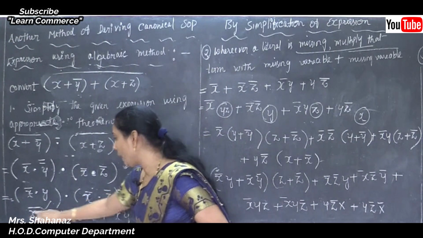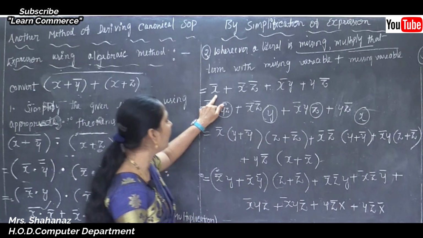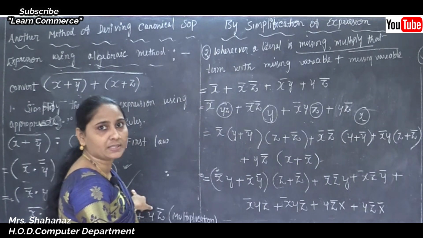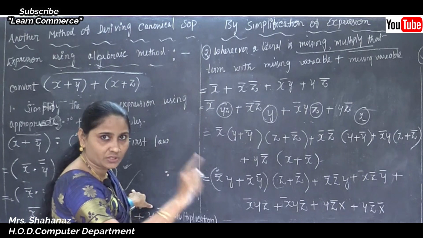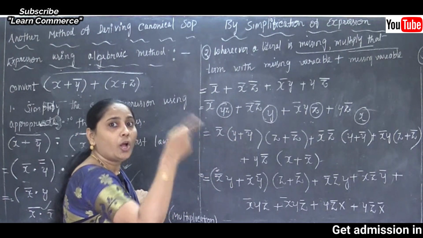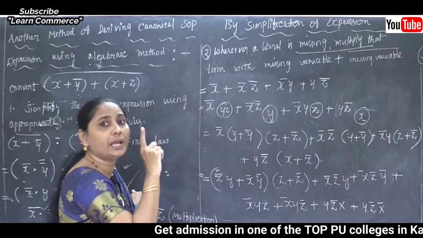So I am just using the multiplication. After the multiplication, how will the value come? The value is the complement of x here, clear this point. So complement of x value is equal to 0, so 0 into 0, answer is 0, or maybe x value is equal to 1, 1 into 1, answer is 1 here.